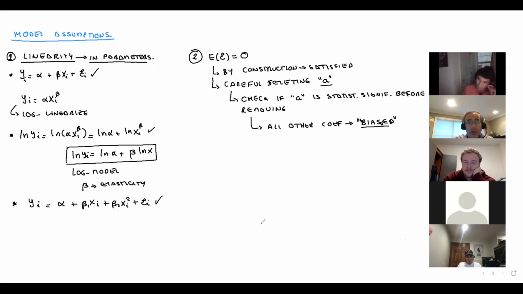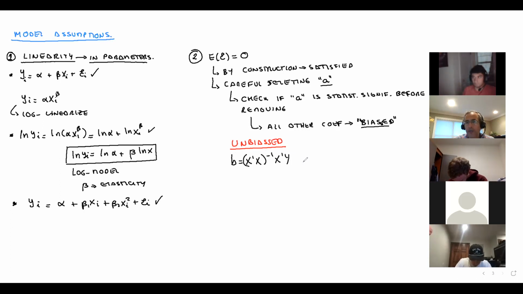Let me talk a little about what is unbiased. Guys, I will do some math here, matrix algebra. Please, if you don't understand, at least try to get the idea, okay? So we know that B equals X transpose X to the minus 1, X transpose Y. Do you agree? And we also know, from the very beginning, that Y is X beta plus an error.